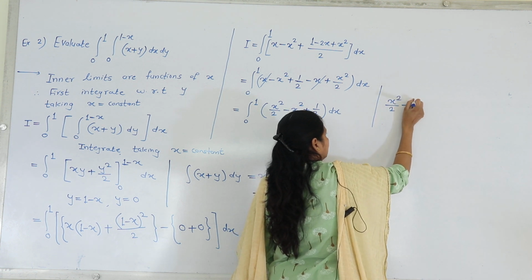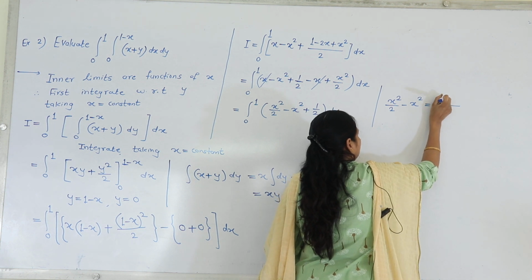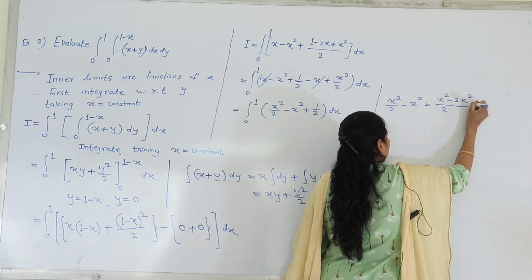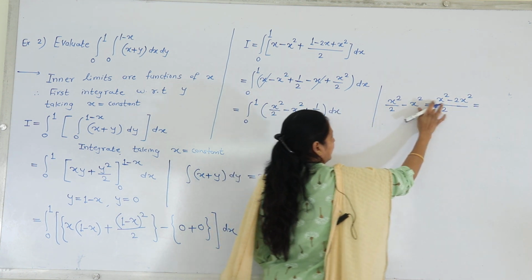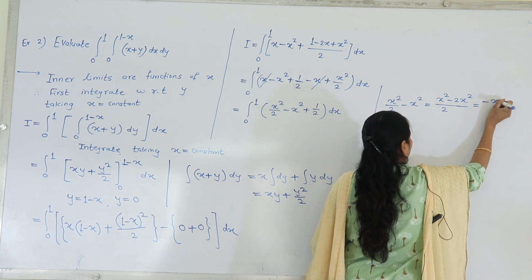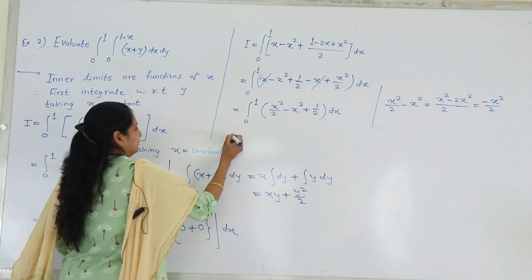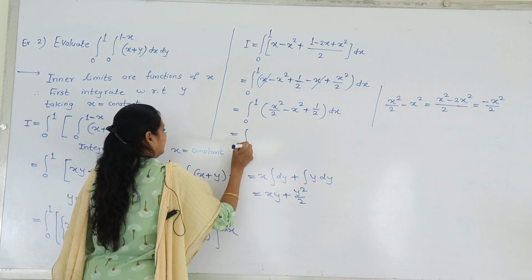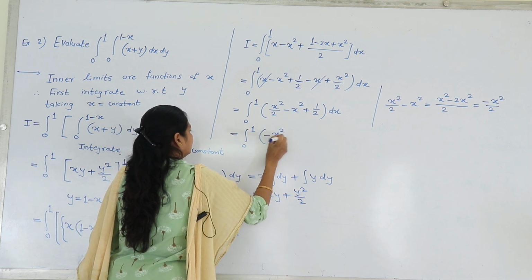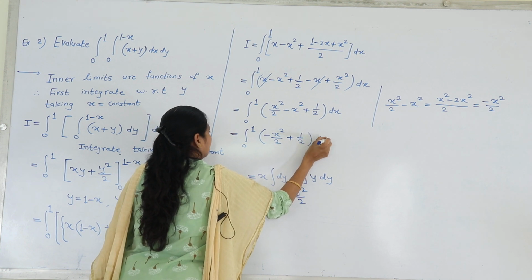LCM is 2, means x square minus 2x square, that is minus x square by 2. 0 to 1 minus x square by 2 plus half dx.